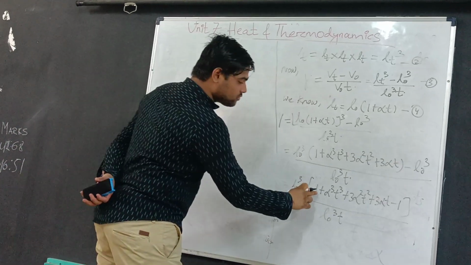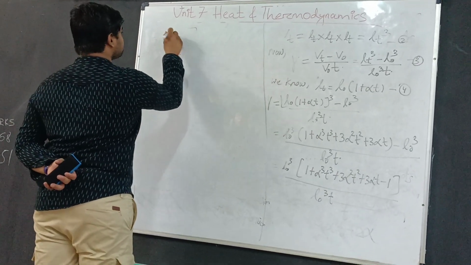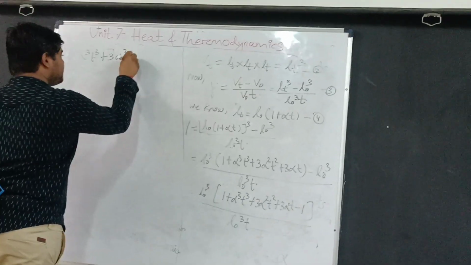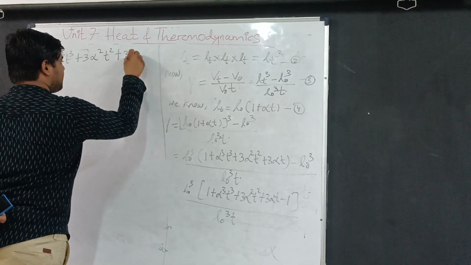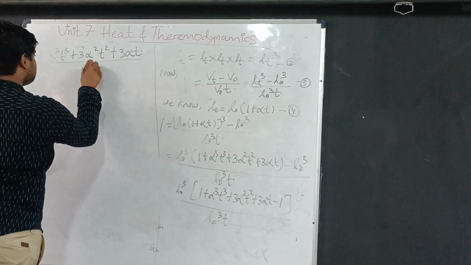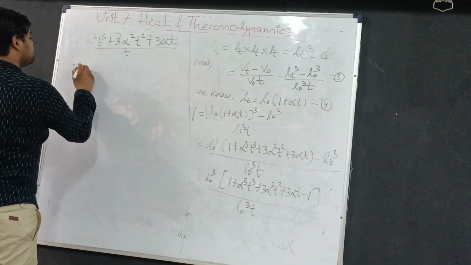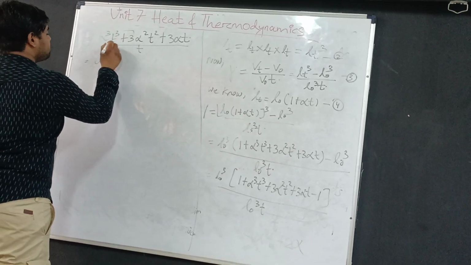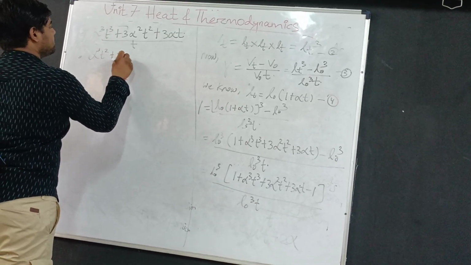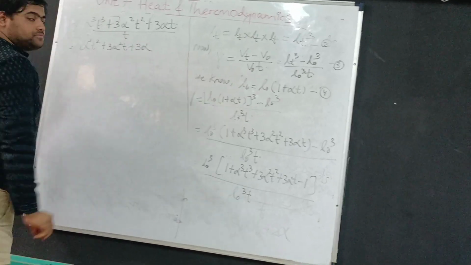We can also cancel out plus 1 and minus 1. Now the equation will be alpha cube t cube plus 3 alpha square t square plus 3 alpha t divided by t. Now we can also cancel out t from all the terms, so this reduces to alpha cube t square plus 3 alpha square t plus 3 alpha.